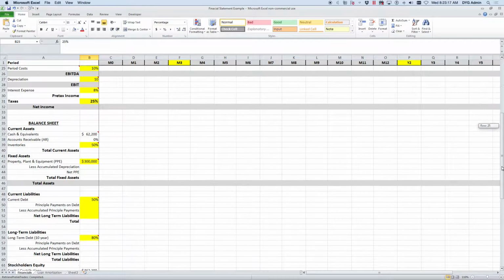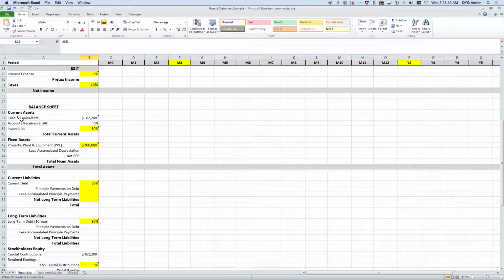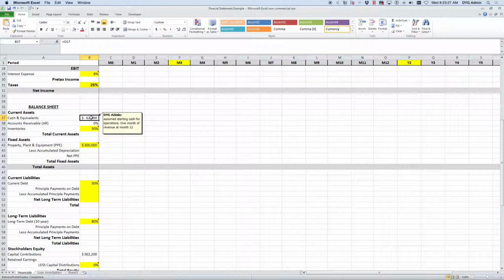From a balance sheet standpoint, we've got cash and equivalents. And again, ordinarily, when you think about how much cash you need to have on hand, you think in terms of the kinds of things that you might purchase and so forth.